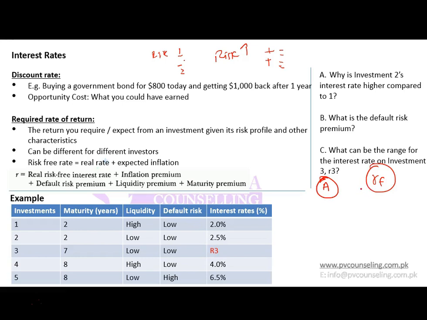Or generally when we are doing this exercise, we assume the 10-year PIB to be the risk-free rate in the practical world. It will depend on the investment, whether you take KIBOR, the 10-year PIB or whatever. So you will select a risk-free rate. Let's say the risk-free rate in the market is 5%. This is just a random number.